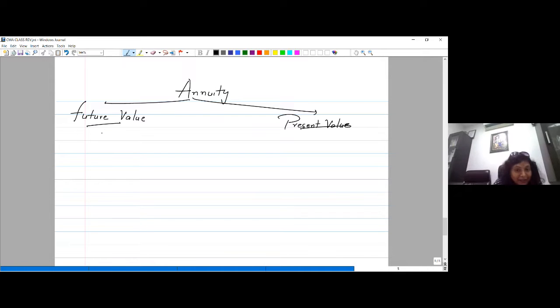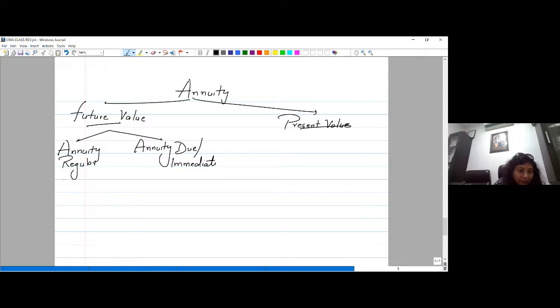Now suppose you are finding the future value. You have two scenarios: annuity regular or annuity due or immediate.